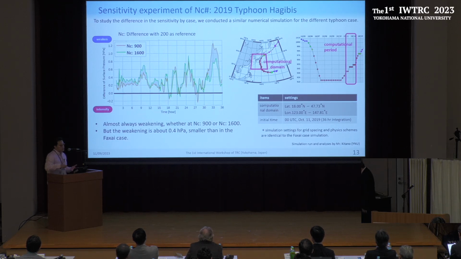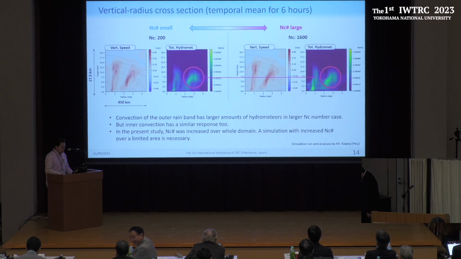So it's good news for us. But the weakening is about 0.4 hectopascals, and at maximum it's 1 hectopascal, so it's much weaker than the previous one. We need to check more. Here I'm showing the vertical radius cross sections. The left-hand side is a small NC number, and the right-hand side is a large NC number.